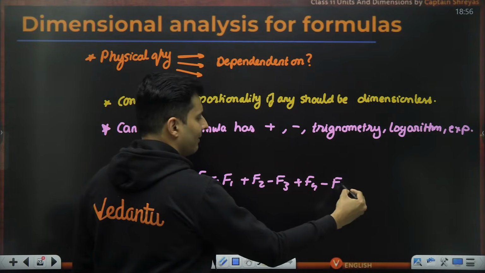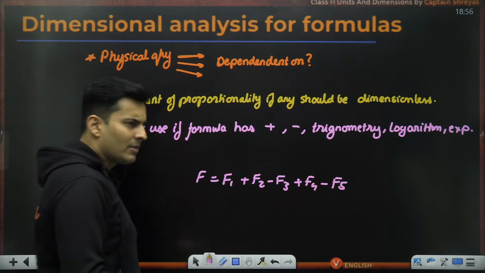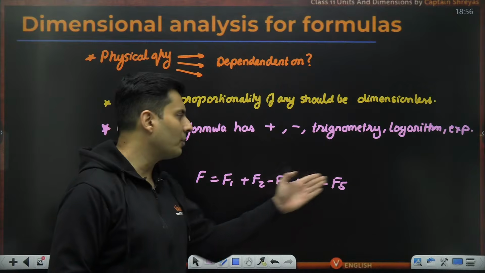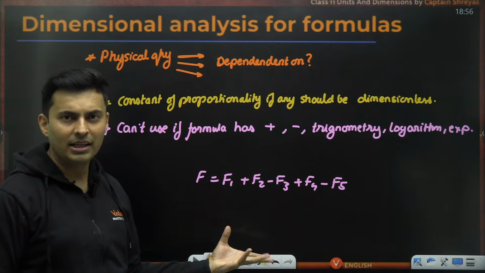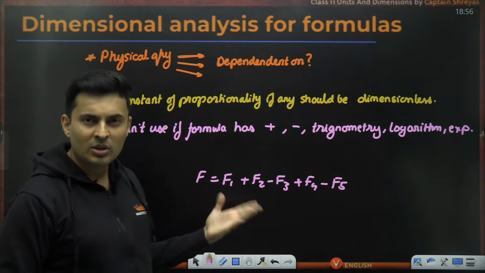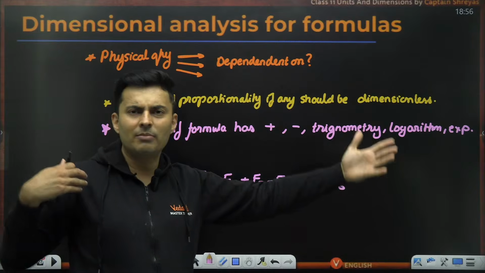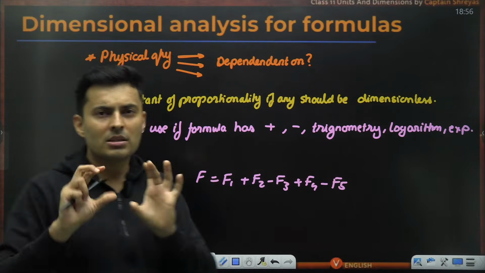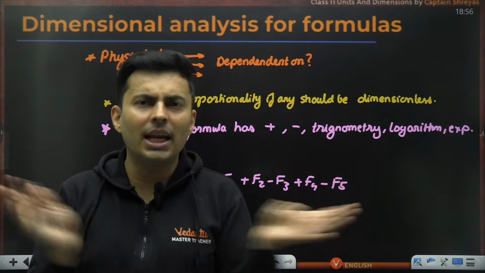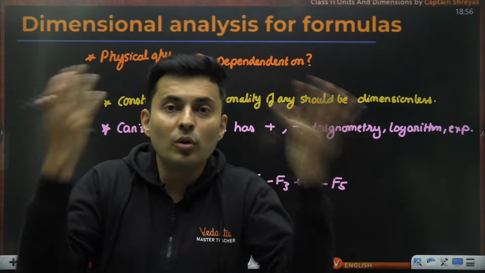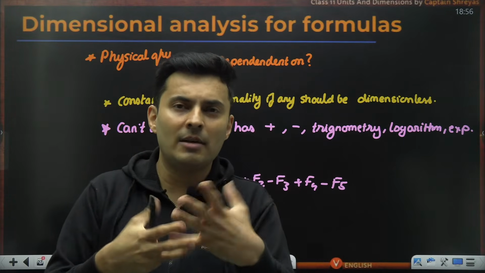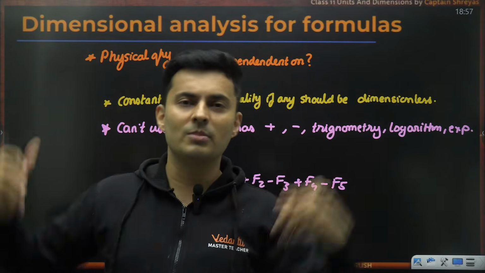If I add one more F5 negative, still it is dimensionally correct. So I cannot guess how many addition and subtractive terms are there while using dimensions, because dimensions do not care no matter how many plus and minuses are there. As long as the dimensions match, we can add them or subtract them. So there is no way to guess just knowing the dimensions. Can you tell how many terms were there?